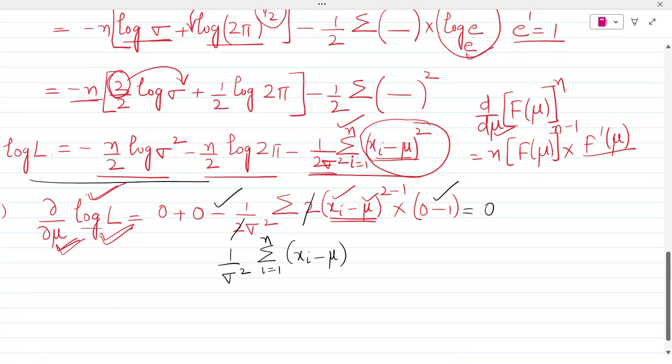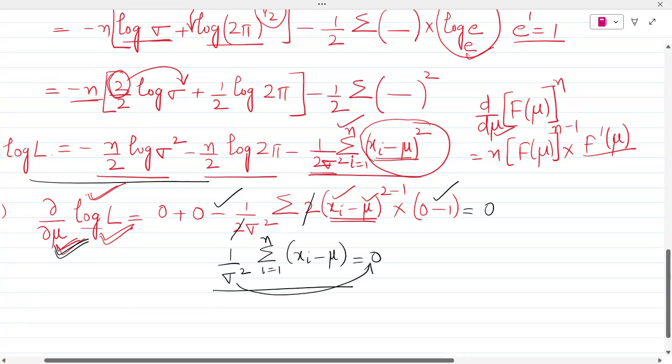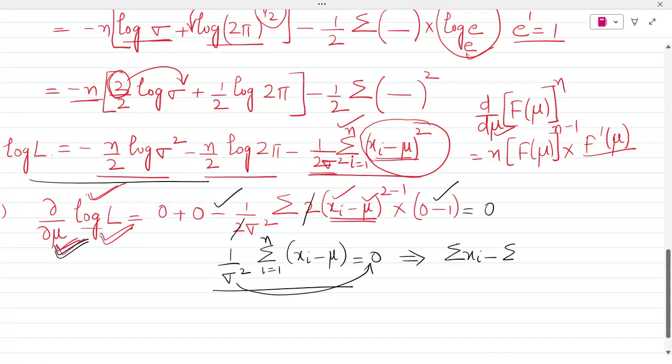This is the first derivative of log L with respect to mu, and this is put equal to 0. So this sigma square will go to the other side. So summation xi minus summation mu is equal to 0, with i from 1 to n in both.